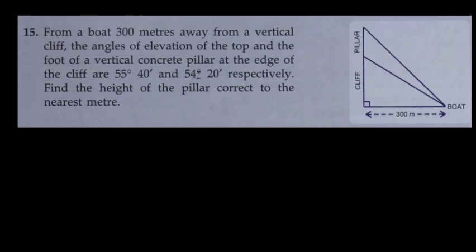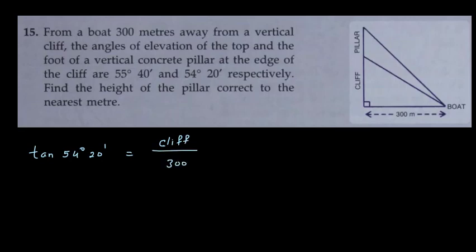You are applying two formulas. One is tangent of 54 degree 20 minute is equal to the height of the cliff divided by 300.